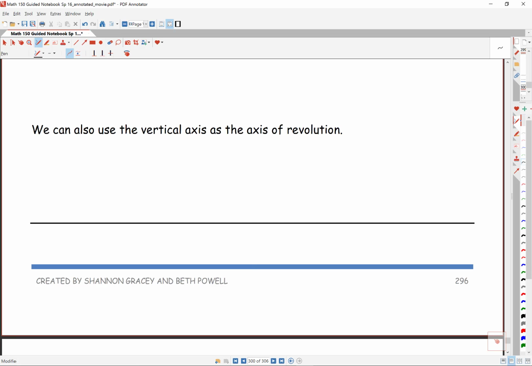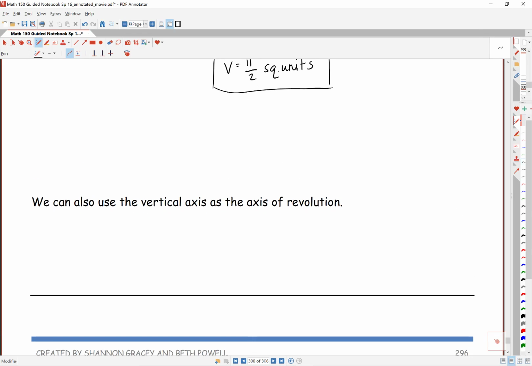We'll end up having, if we have a horizontal axis of revolution, right, so I'll just come up here a little bit. A horizontal axis of revolution would mean that your representative rectangle is going to look like this.